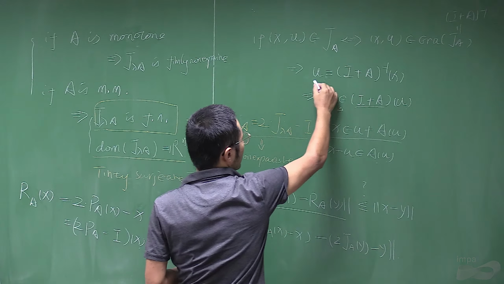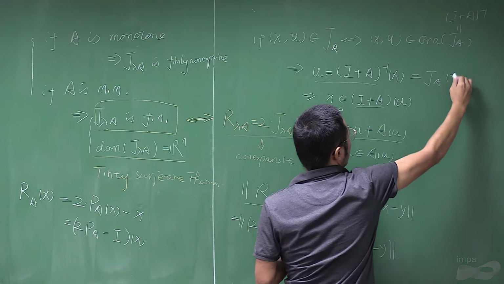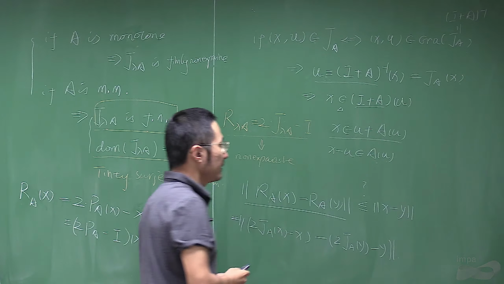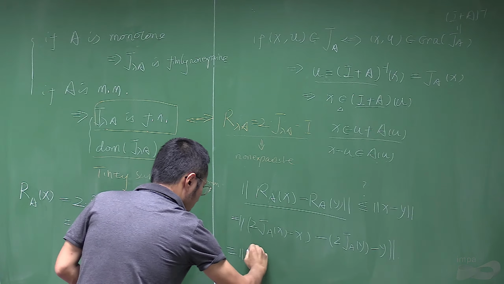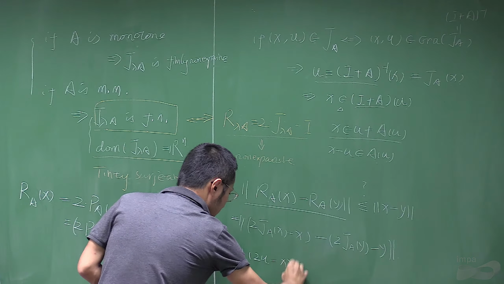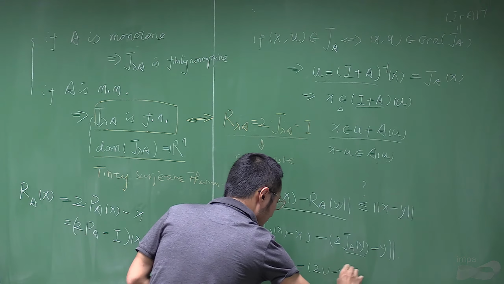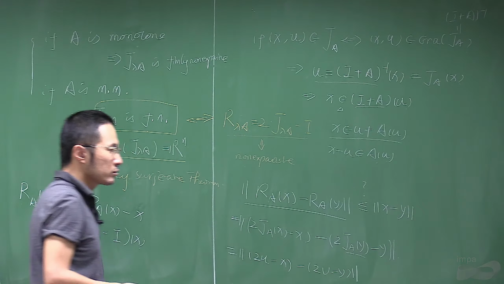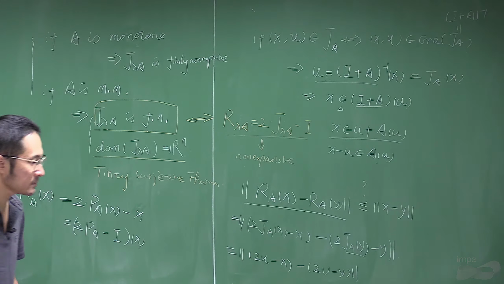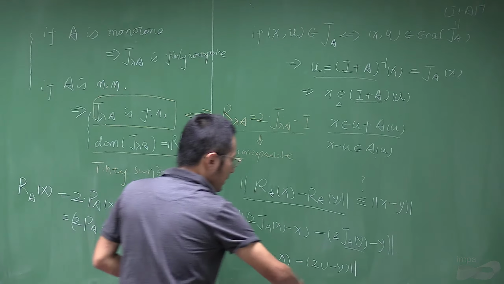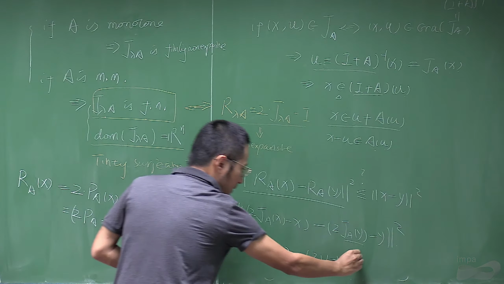We use u equals the resolvent of A at x, so here we have 2u minus x minus 2v minus y. Then we expand this term. Of course, we have a square here, so we expand the square.